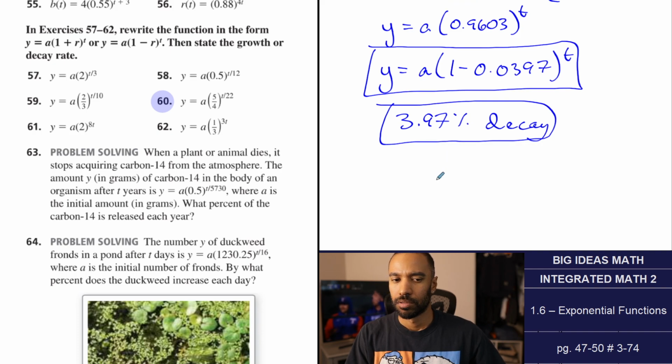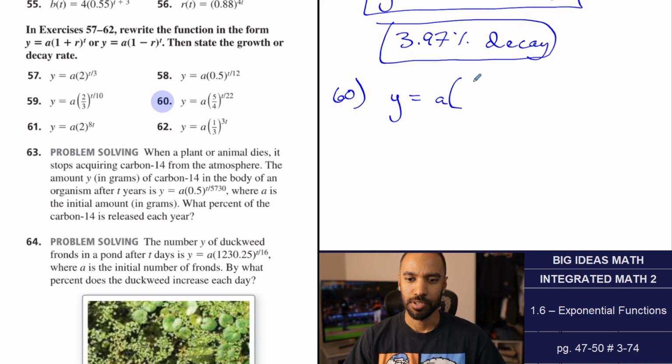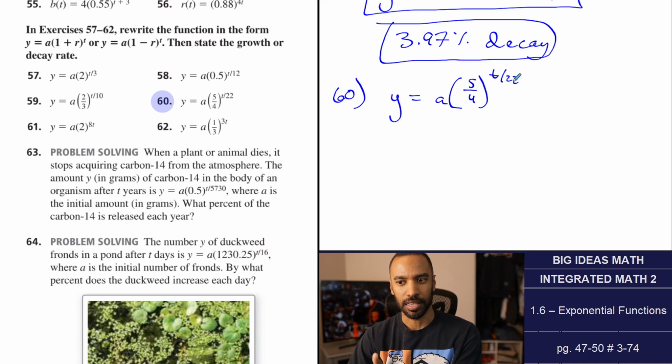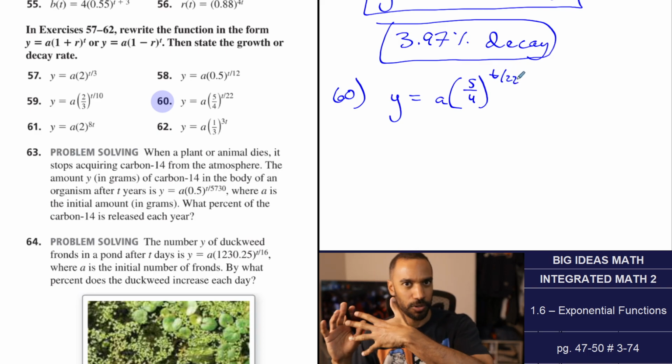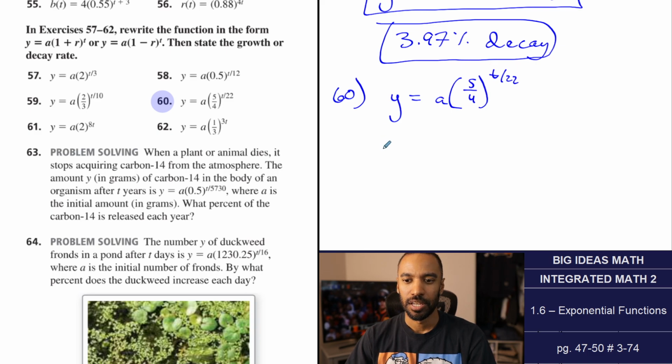Okay. Number 60. Y equals A times 5/4 to the t over 22 power. Whew. These numbers are getting big, which means it's going to get closer and closer to 1. This is 1.25 exactly, and then stuff happens.